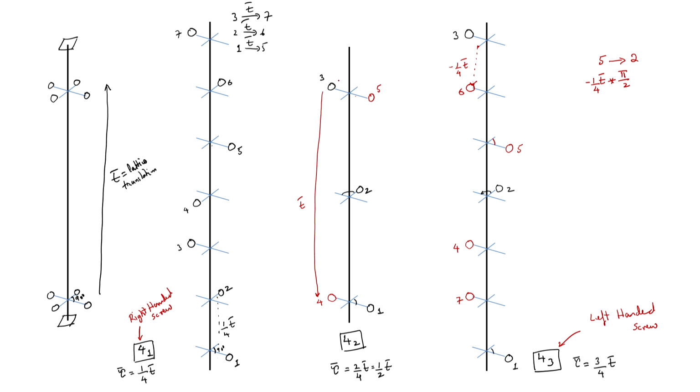Take motif number 3, rotate through 90 degrees, go down minus 1 upon 4 t. So, from here we move down to motif number 6.